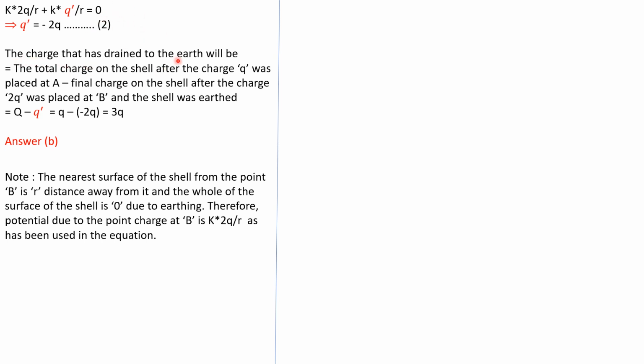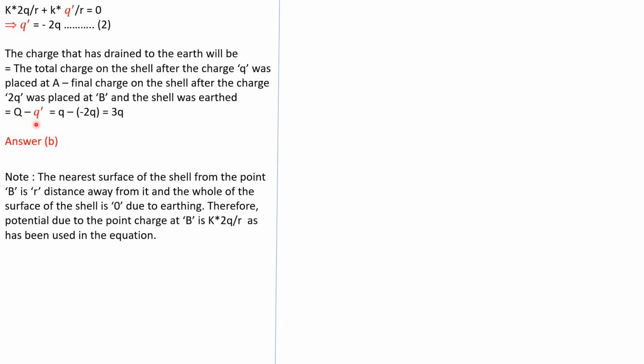So the charge that has drained to the earth will be the total charge on the shell after the q was placed at A minus the final charge on the shell after the charge 2q was placed at B and the shell was earthed. So capital Q was the charge on the shell after the q was placed at A. We have already discussed it earlier. And the final charge on the shell we are representing as q prime.